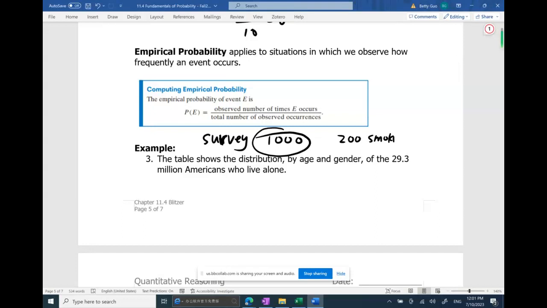Later we're going to talk about the relationship between sample and population. So 200 over 1,000, 1/5 or 0.2. What is that? 20%. That is the sample proportion. If your sample is representative, the sample proportion would be quite close to the population proportion. And the population proportion would be able to represent the probability of randomly selecting a person in Tulsa area and that person is a smoker.